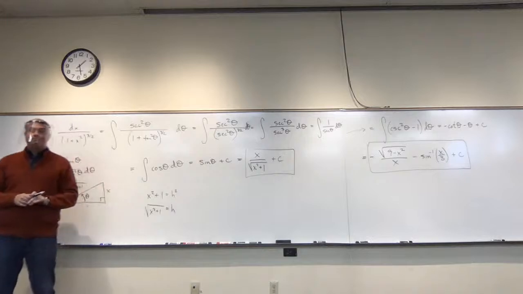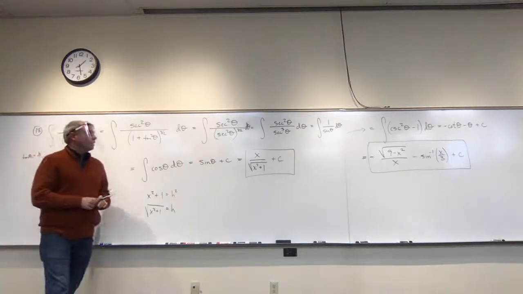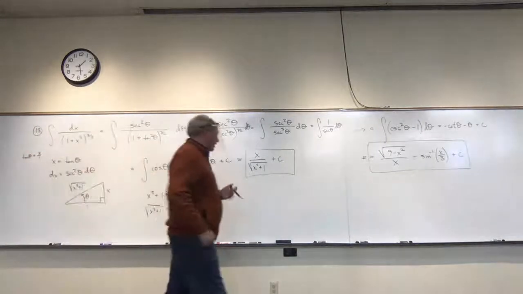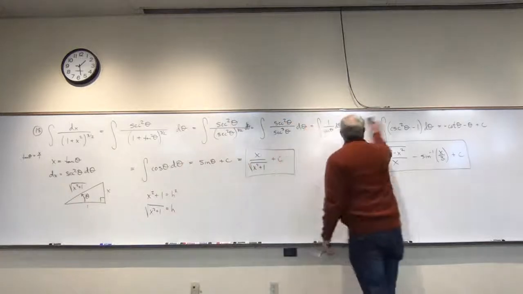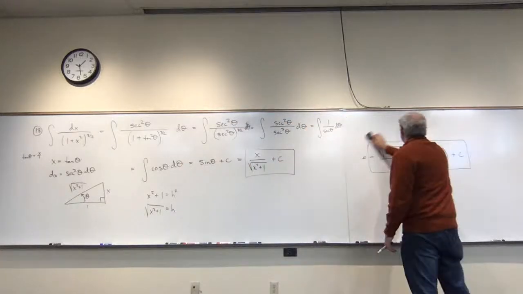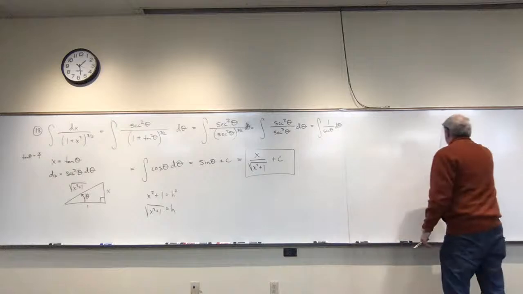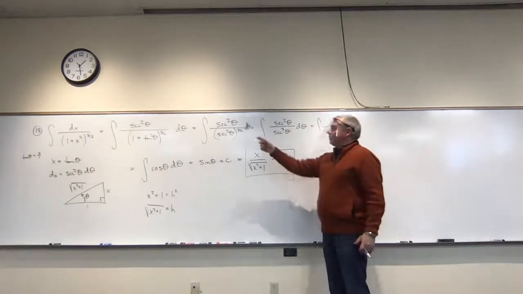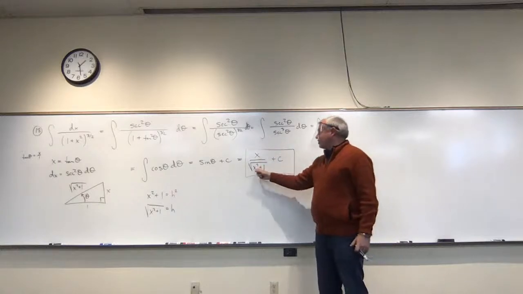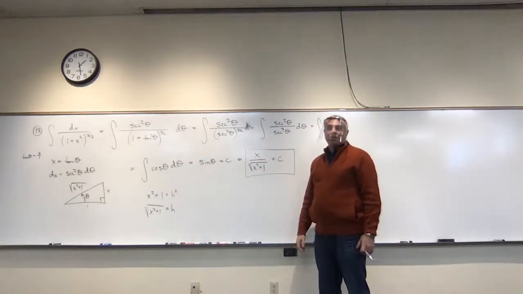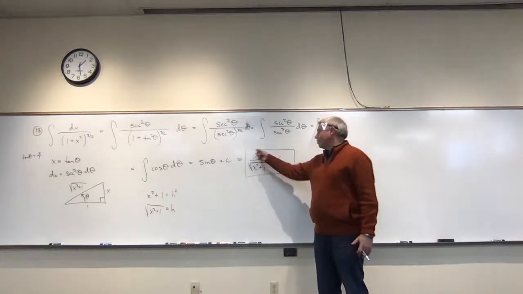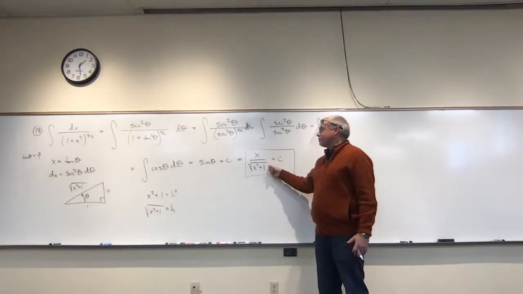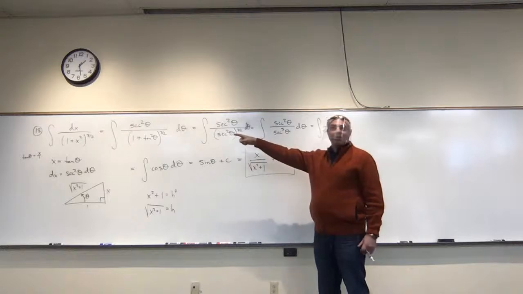Sound good? Now, if I were taking an exam or something, and I got this answer, there would be a great temptation for me, if I really want to know, did I get it right? I could just take the derivative, right? It's just a quotient rule problem. So I could use the quotient rule on this and make sure that I get what I had up there.